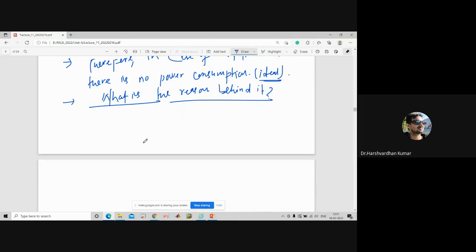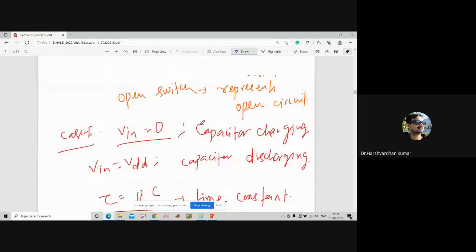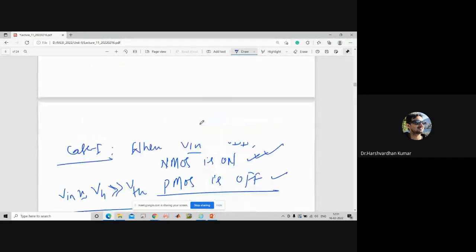Right? So in a static case, what happens? Let us go to the circuit diagram, then you can understand here.